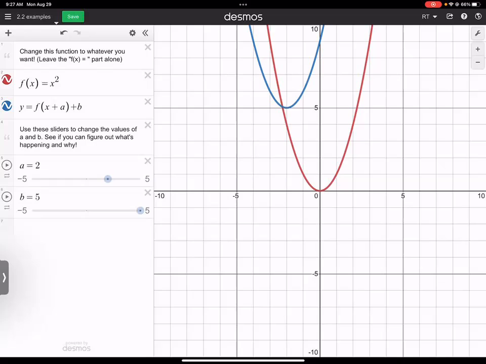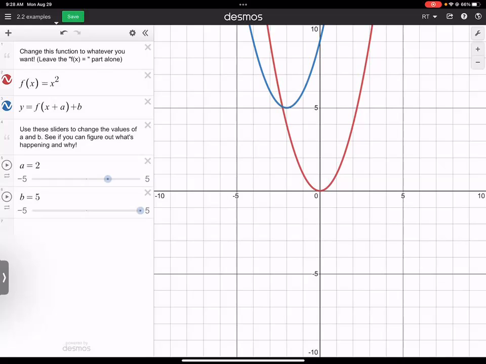For order of operations purposes, the parentheses happen first, then you do whatever the function does. Because look at this one specifically, the function part of it is squared. So this one that we're looking at would be y equals x plus 2 squared plus 5.